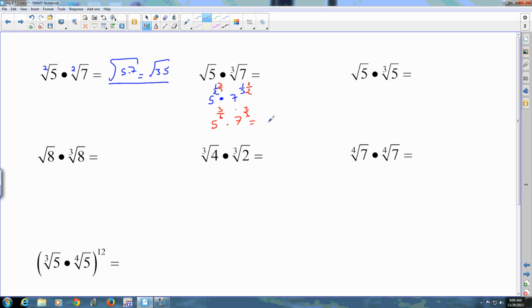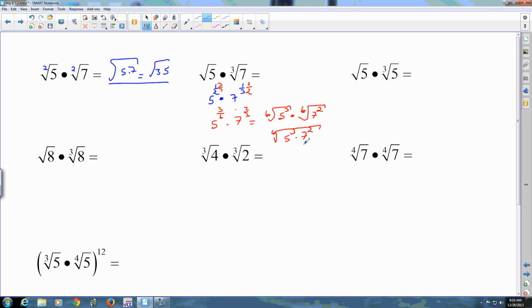That's the same thing as the 6th root of 5 cubed times the 6th root of 7 squared. Now they have the same root. So I could bring it together as the 6th root of 5 cubed times 7 squared. And that would be your answer.